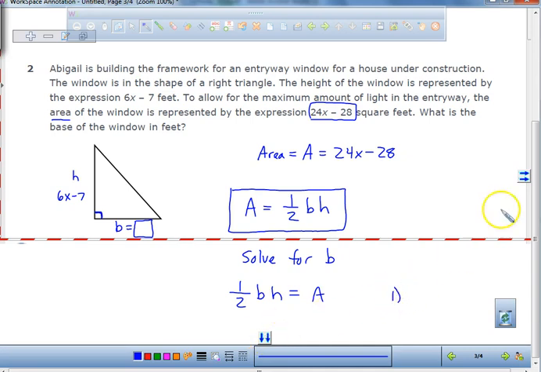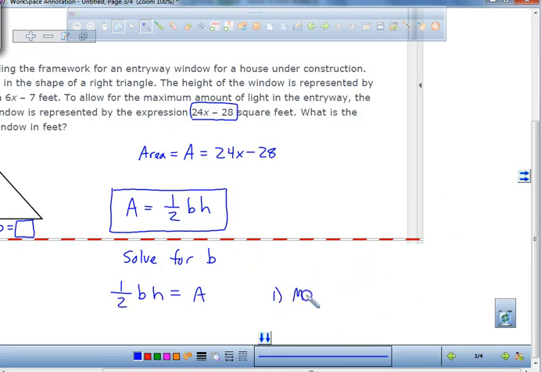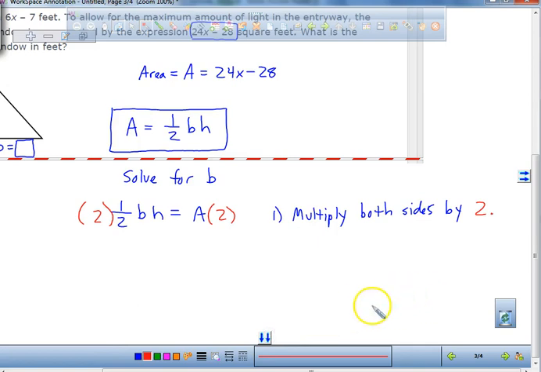Step 1. I want you to multiply both sides by 2. Now what will that look like? I'm going to take this side and multiply by 2, and this side and multiply by 2. On the left side, what is 2 times 1/2?